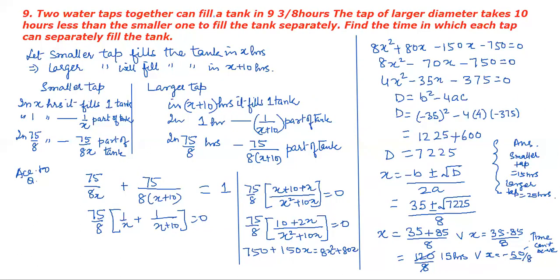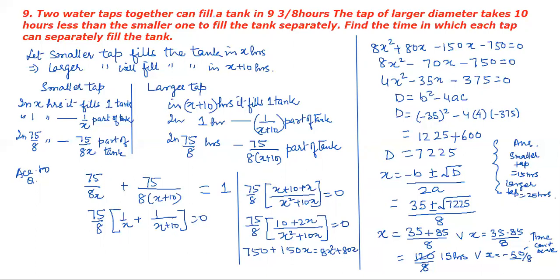So let us assume the time taken by, again he is saying to find out the time taken by each pipe to fill the tank separately. Time taken by each tap to fill the tank separately. So whatever he is willing to calculate, you will assume that only.